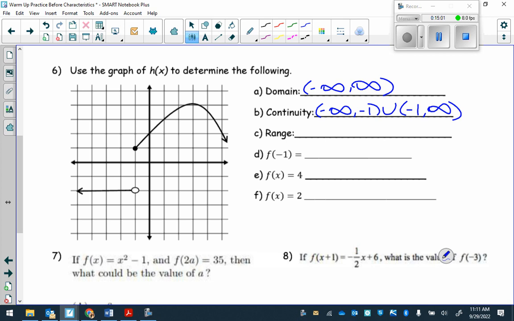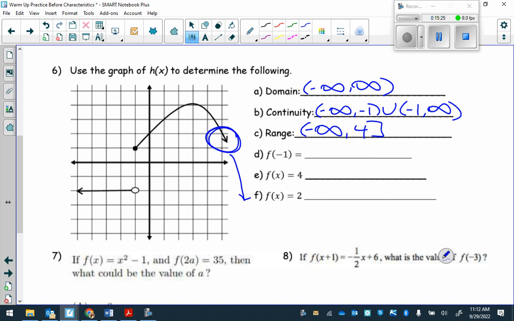Yeah, Owen. Why? Okay. We had, I think, maybe the same one on the practice, but negative infinity to 4. Excellent. Okay. Negative infinity to 4. All right. Just be careful of that arrow.